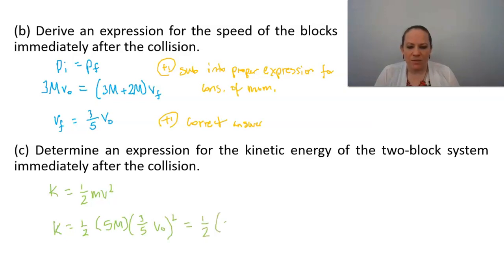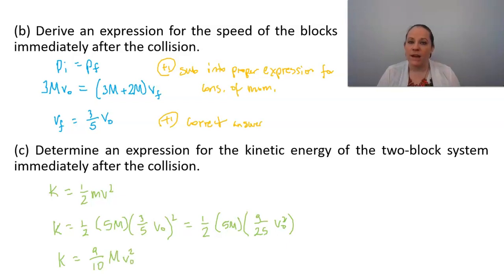So let's expand everything. That's a 5m, and then here we have times 9/25 v naught squared. And that's going to give us 9/10 m v naught squared. And our scoring here is 1 point for an answer consistent with part B.